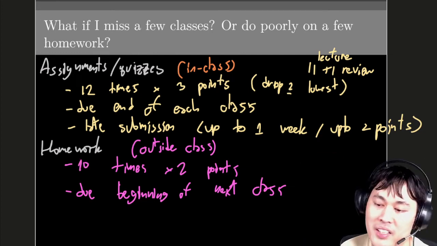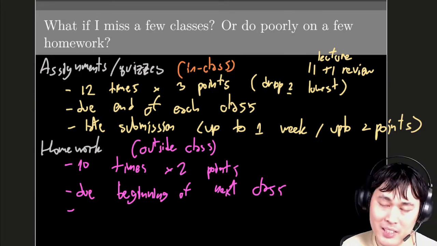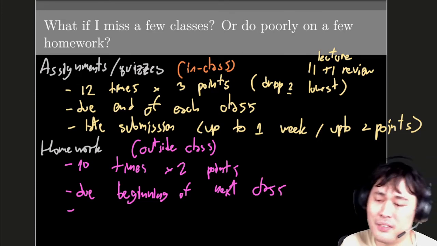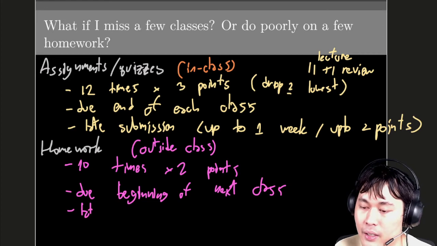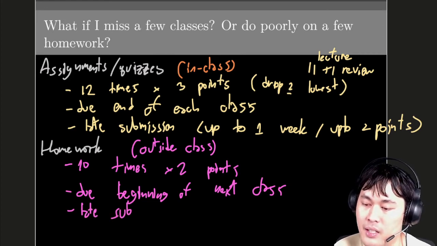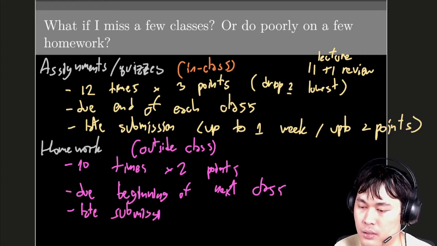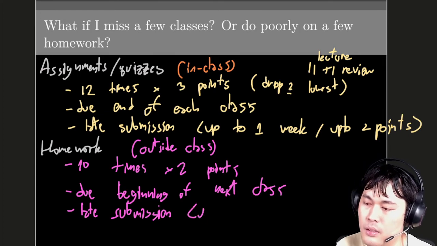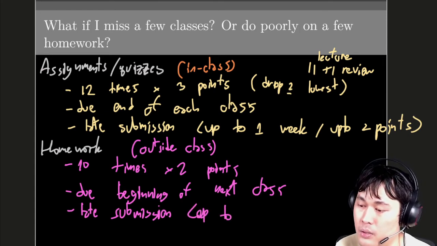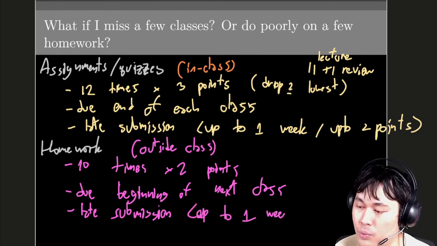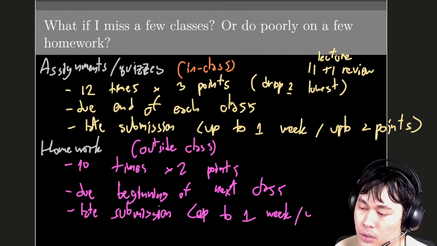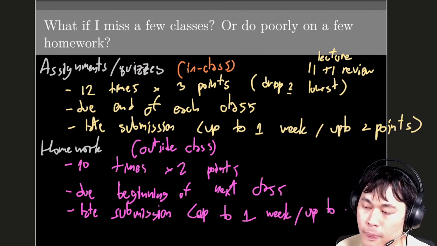If you don't, then you might be a little bit behind on the material for that class. Also, late submissions are accepted, with the same requirement: you can submit late up to 1 week, and you only get up to 1 point out of 2.